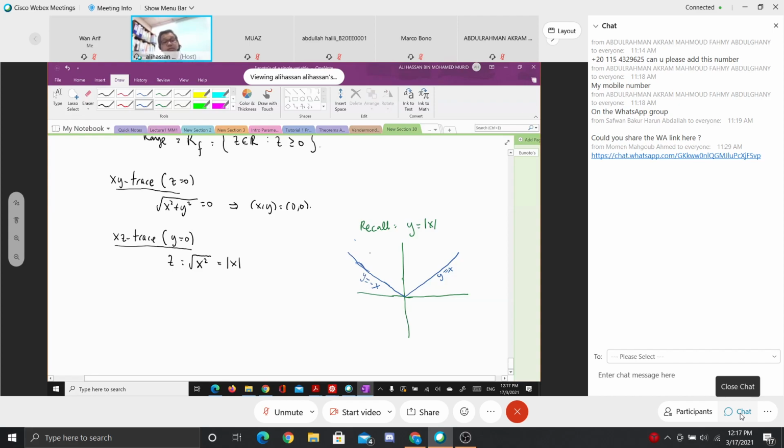Similarly, z equal to modulus x is the curve in the xz plane, in terms of z equal to x.